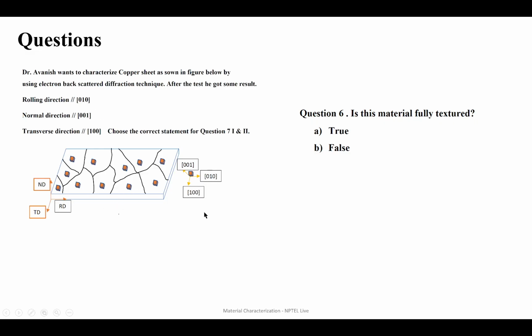The rolling direction, that is x, this way, is 010. The normal direction, that is perpendicular, is 001, and the transverse direction, which is this, is 100. Is this material fully textured, true or false?